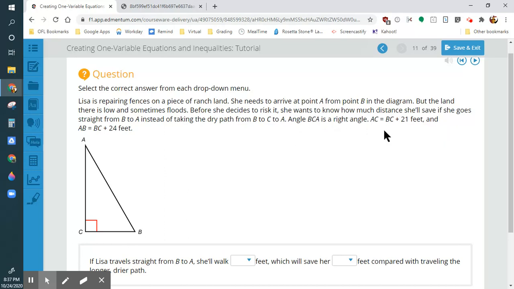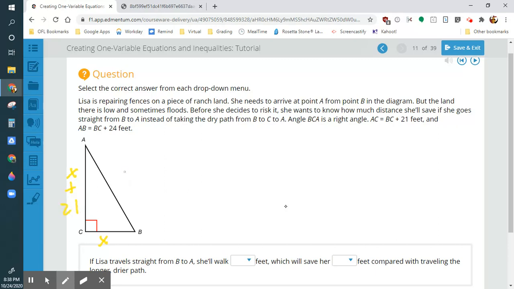C is a right angle. So she's saying that AC is equal to BC plus 21 feet. So in other words, we're going to substitute this in. We're going to call this X, and we're going to call this X plus 21.